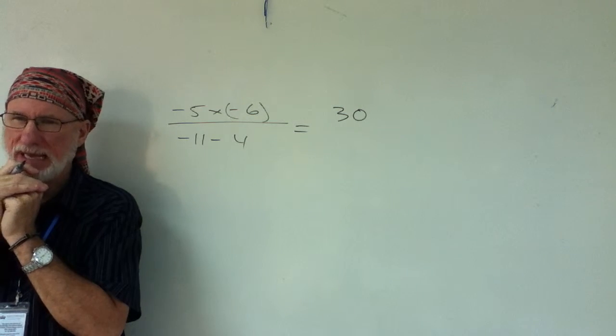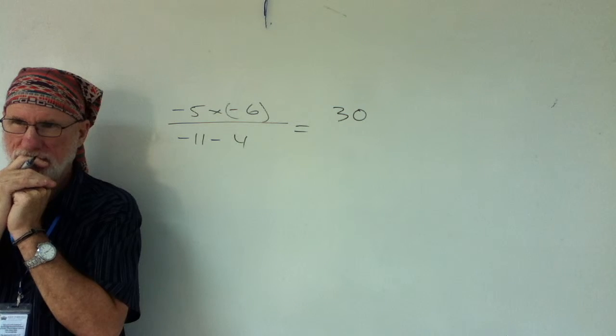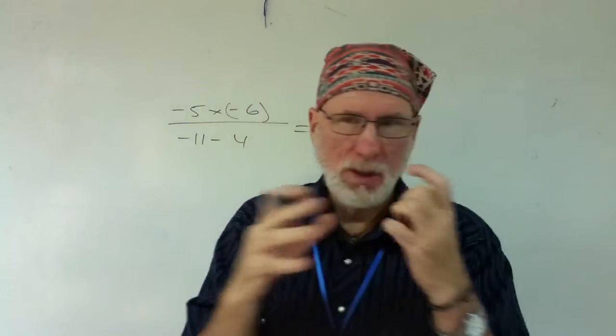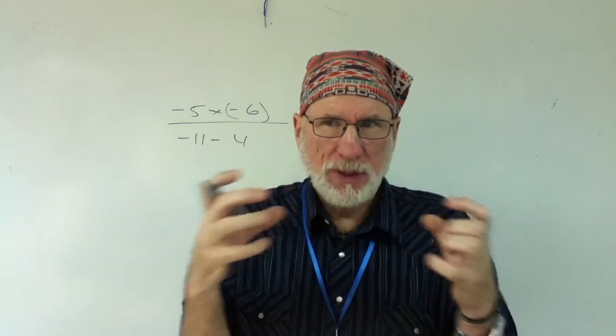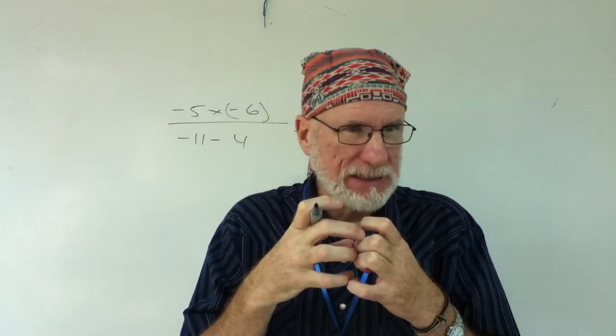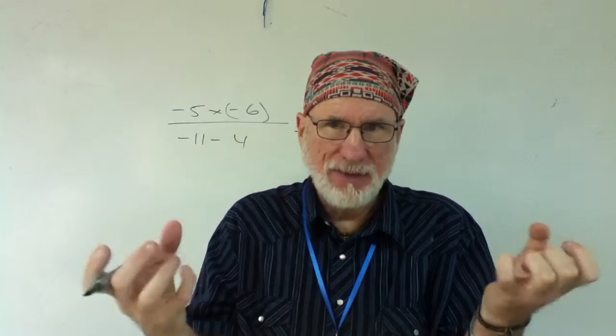We're having a problem with negatives? Negative 15. Remember, aren't you really combining things? Is there really such a thing as subtraction? Aren't you combining a negative 11 and a negative 4?